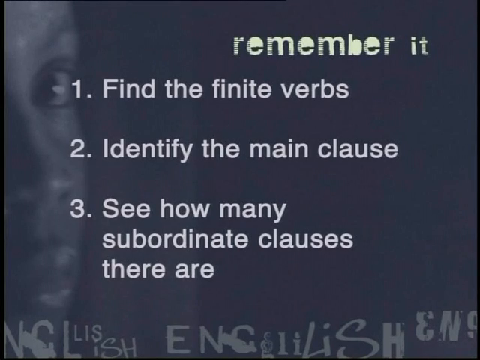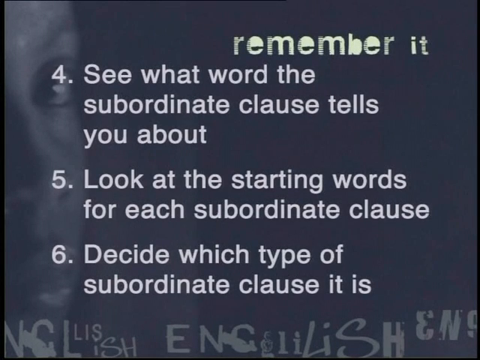When you have to identify the parts of a sentence, remember these steps. Find the finite verbs. Identify the main clause. See how many subordinate clauses there are. See what word the subordinate clause tells you more about. Look at the starting words of each subordinate clause. Decide which type of subordinate clause it is.